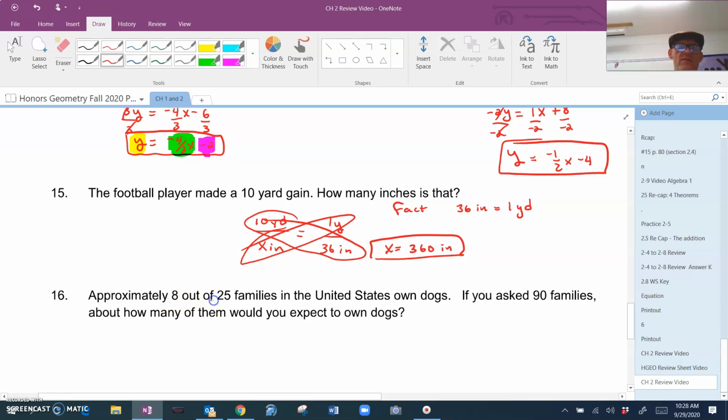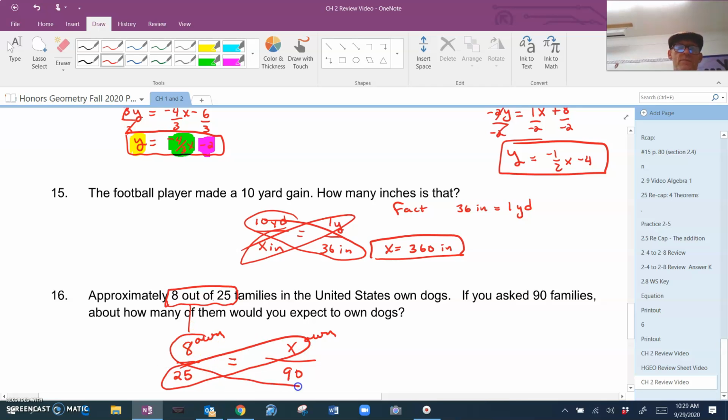Gonna multiply. Okay? All right. This one is 8 out of 25. So what is the 8? Own dogs. That's equal to what? If you ask 90 families, how many would own dogs? So this is x owned out of 90. Now you have to cross multiply. And so you get 25x is equal to 8 times 90.